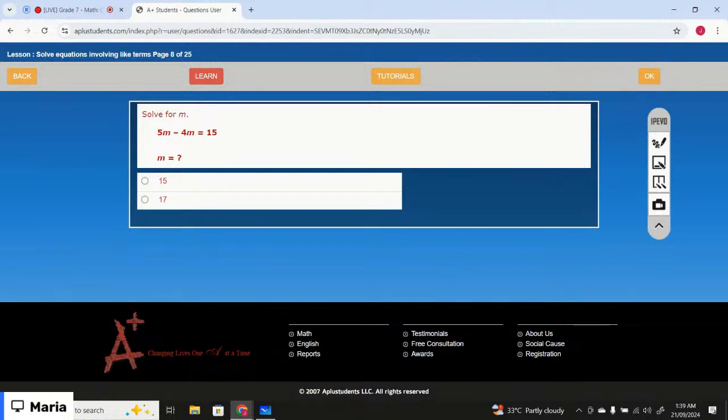5M minus 4M equals 15. So which is the correct option?